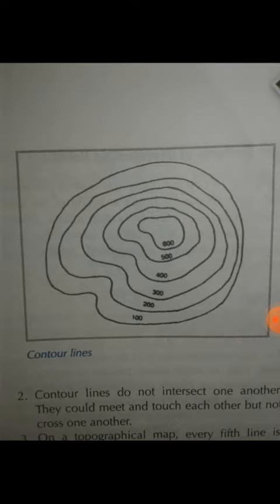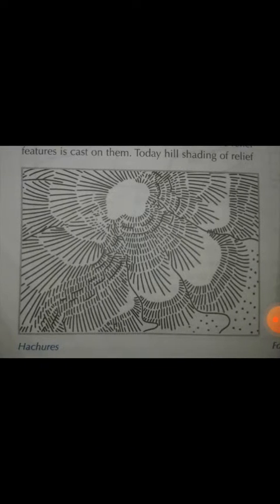Along with contour lines, there are some other relief features in our topographic maps, such as hachures.